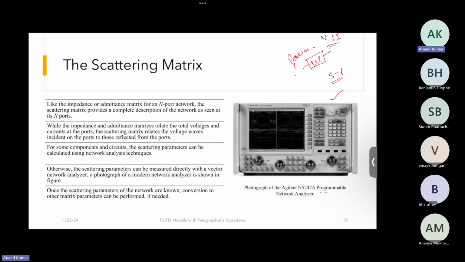This is a PNA, which is just an advanced VNA. The scattering matrix has the entries as the S parameters, which we know, S11, S21, S12, S22 for a two-port network.